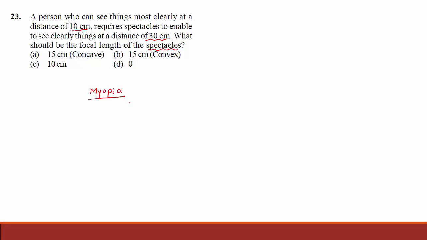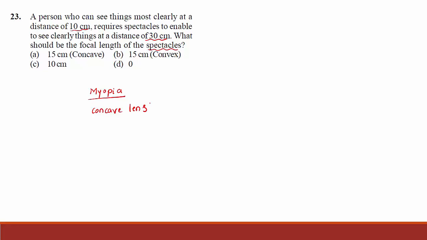That means the person is unable to see the objects at normal distances, but he can see the objects at nearer distance. He will require a concave lens to see the things clearly.